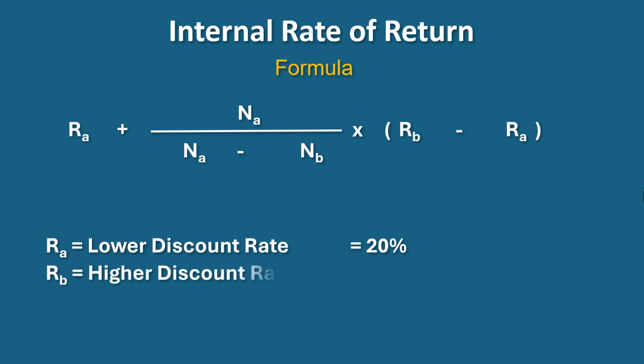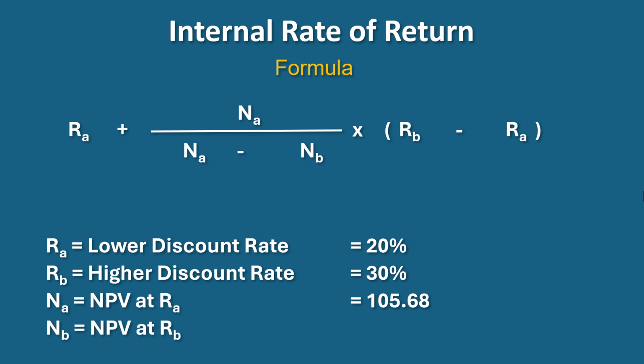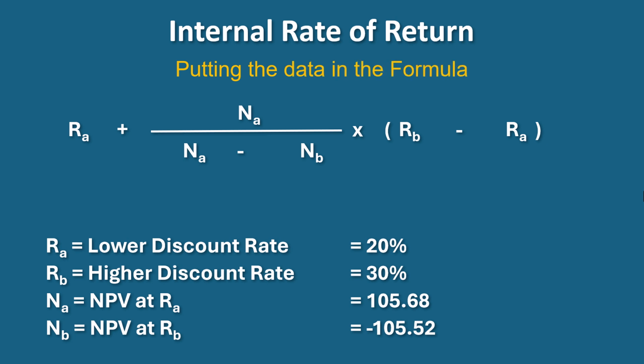R higher is higher discount rate equals 30% or 0.30. NPV lower is NPV at lower discount rate equals $105.68. NPV higher is NPV at higher discount rate equals minus $105.52.